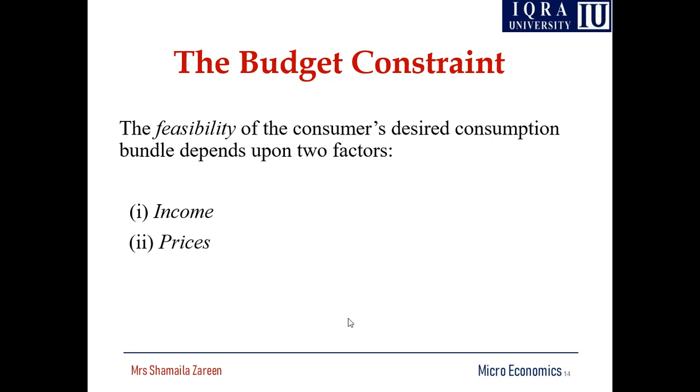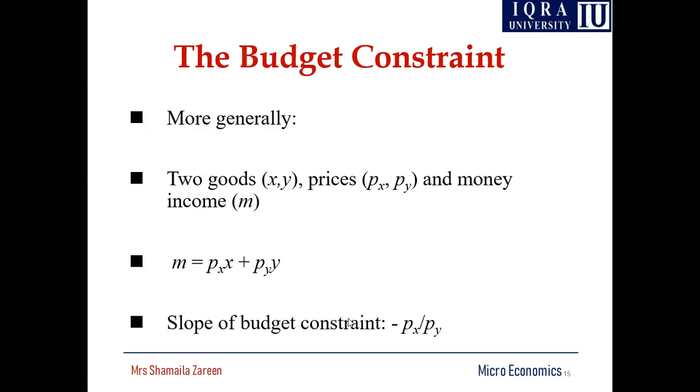The feasibility of the consumer's desired consumption bundle depends upon two factors: income and prices. In making decisions, individuals face constraints. These are legal constraints, time constraints, physical constraints, and of course, budget constraints.